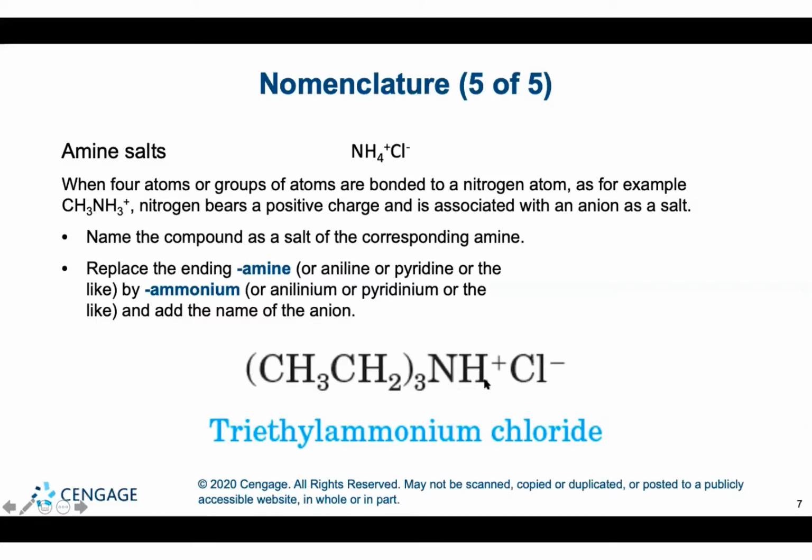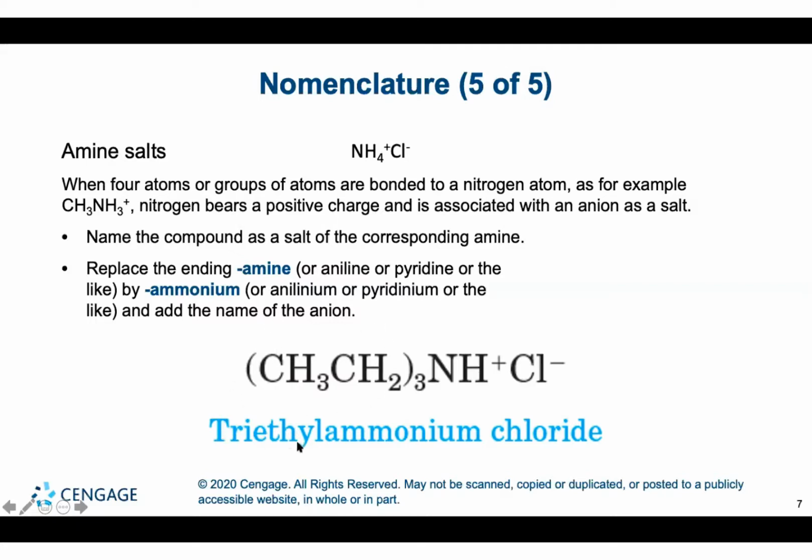Whenever you want to name this salt, this is a salt because it's an ionic compound. Ionic compounds are always salts. And you can see that we name it based on the common naming. We see how many branches are attached to the amine. So it's 3 ethyl, right? It's going to be based on the common name. We just call the alkyl groups. I have 3 alkyl groups of ethyl.